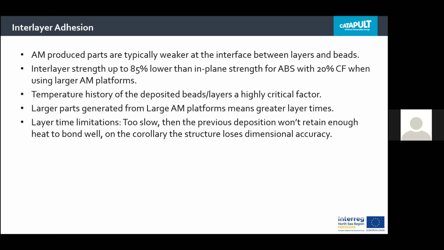So like I was saying in the previous slide, larger AM parts with larger AM platforms essentially means that it's taking potentially a longer time prior to the deposition of the next layers, and so this gives rise to the material anisotropy.